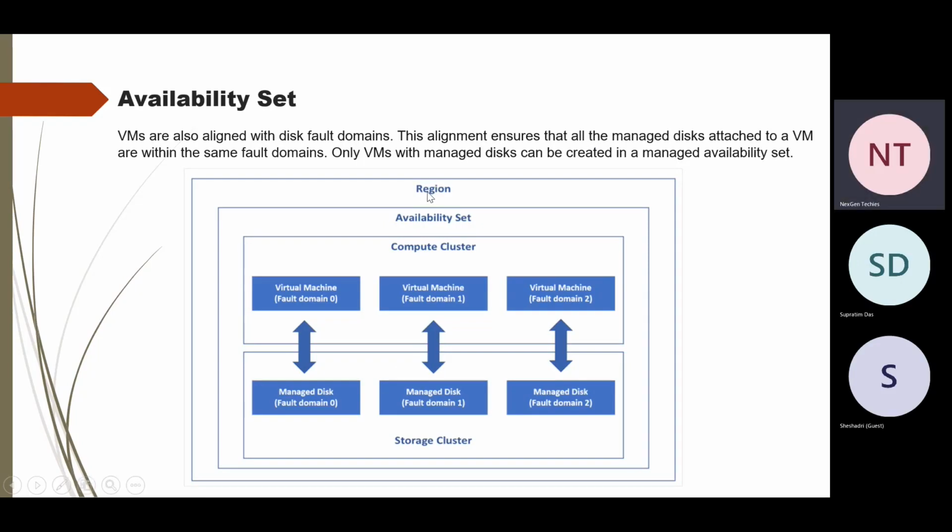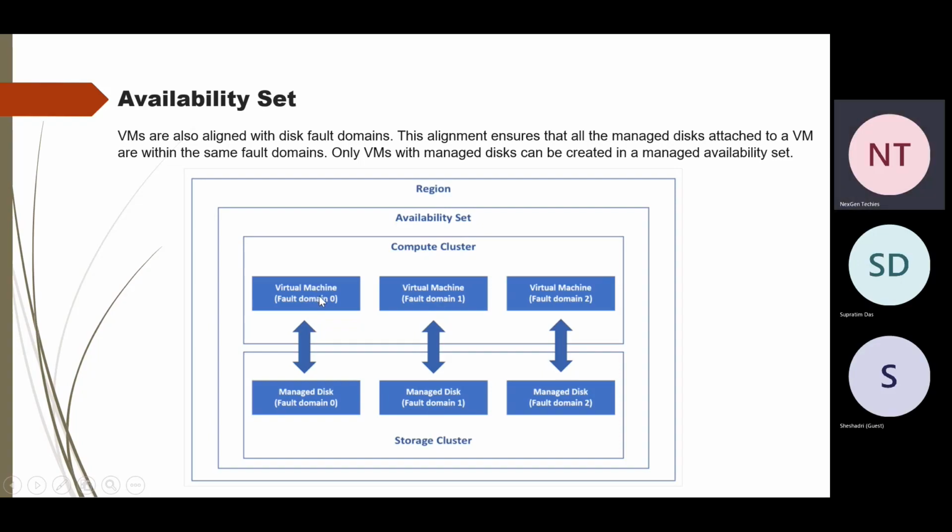If you look at the availability set here, we have the region. If your region is not supporting availability zones, it still has the availability set. Not all regions have availability zones, but all regions have availability sets. Within the availability set, you can have your computers, and you can cluster your services.